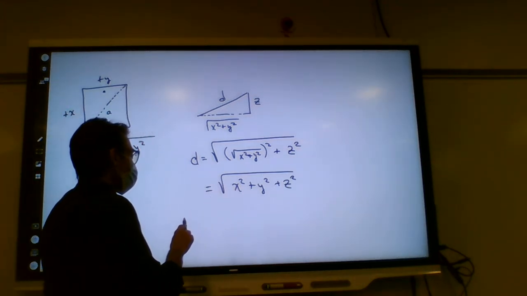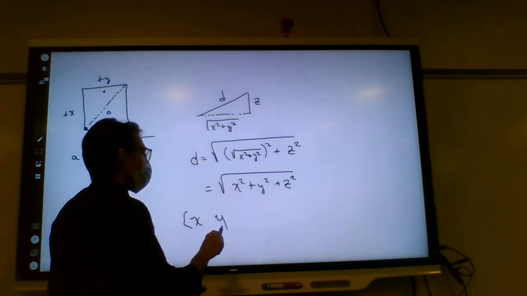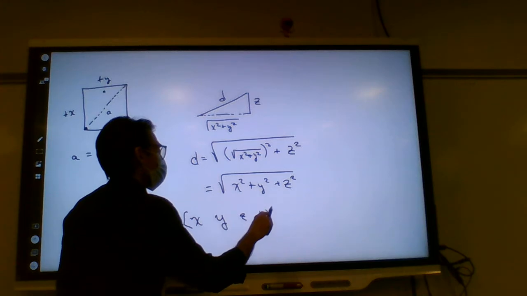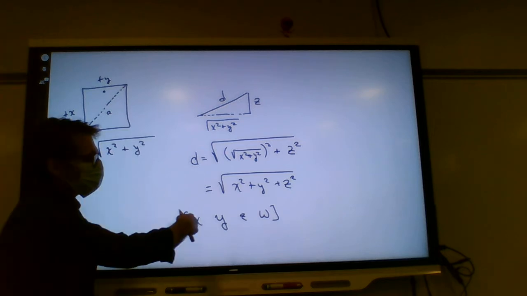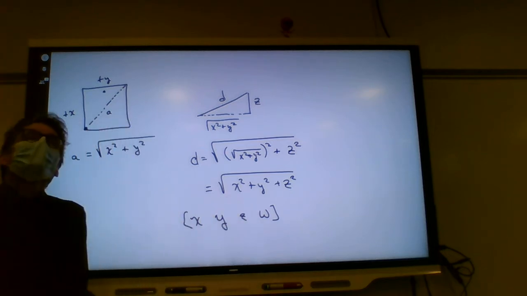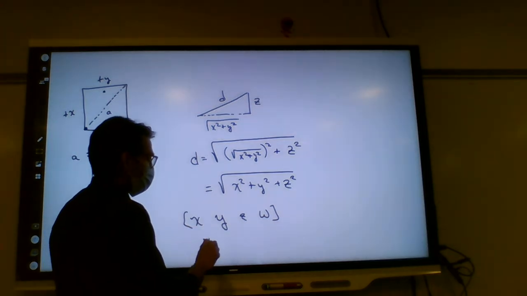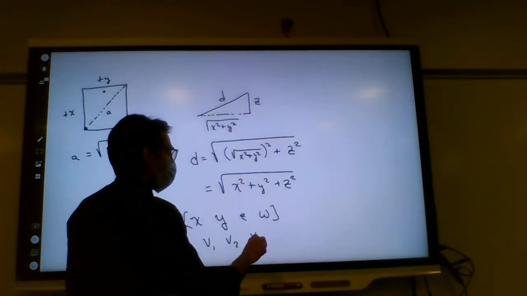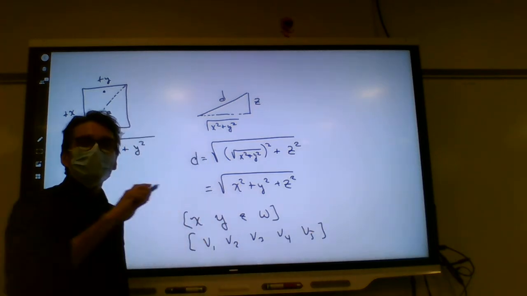If this had been a four-dimensional vector, four-dimensional vectors are usually written with the fourth component as w, because x and y were already started, and so that gave us this part, but then the w. If you go beyond 4 dimensions, we tend to do something like, if the vector was v, we tend to use like v1, v2, v3, v4, v5, something like that.